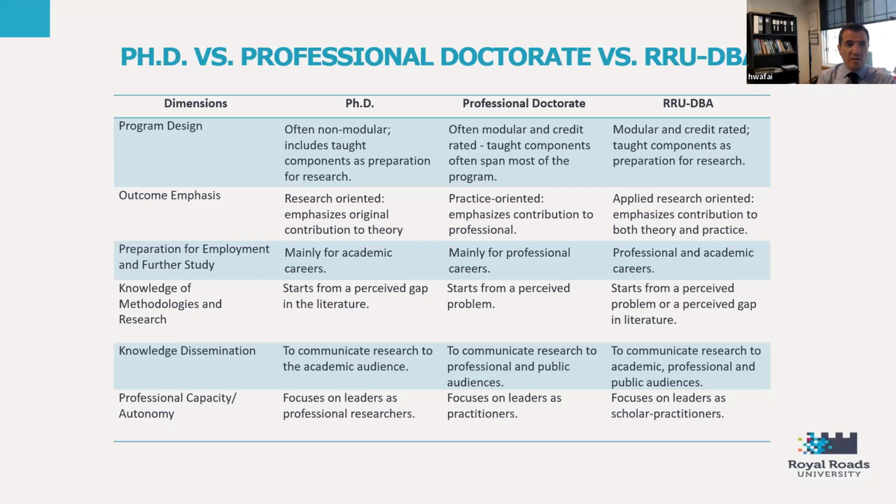Outcome emphasis, right? A PhD emphasizes contribution to theory. So you're doing research to contribute to existing literature, and that contribution is normally through peer-reviewed articles. In a professional doctorate, you contribute to existing practices. You solve a specific problem, but to what extent the solution you produce is generalizable or not is a question.